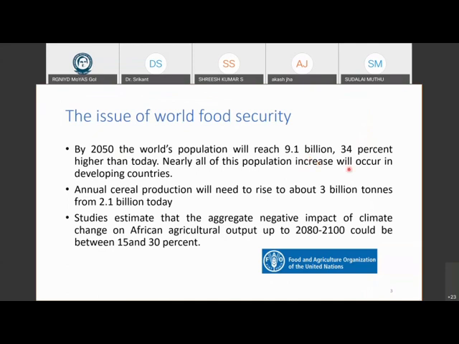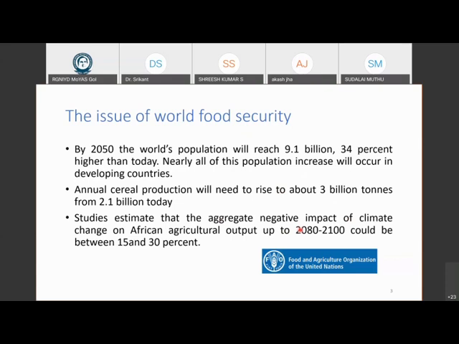That means 30% more than what it is today. Nearly most of this increase will occur in developing countries. The annual cereal production, that means your grains, rice, wheat and pulses, will need to rise by about 3 billion tons. So proportionally, from 2 billion to 3 billion, you're increasing it by 30% again.